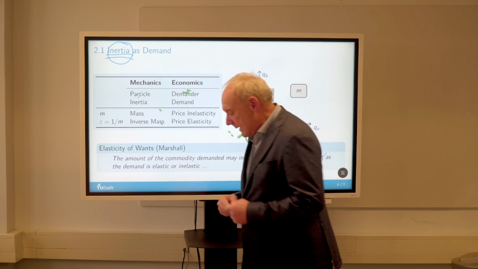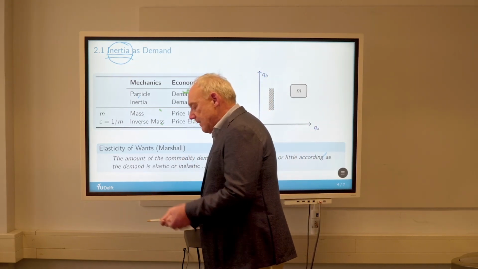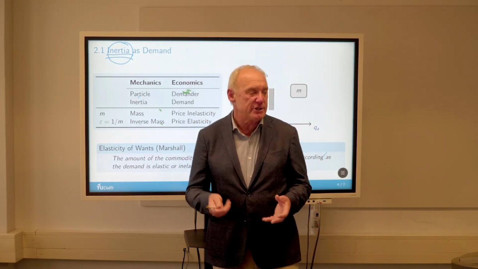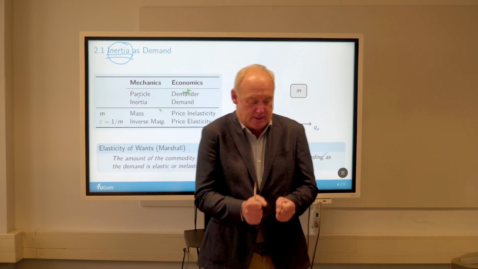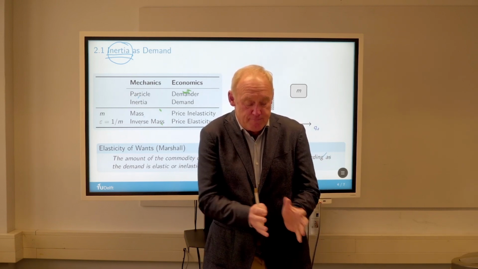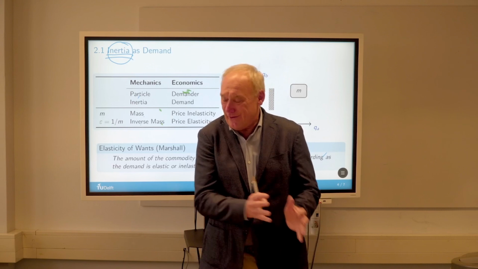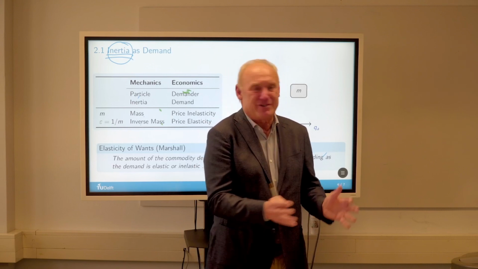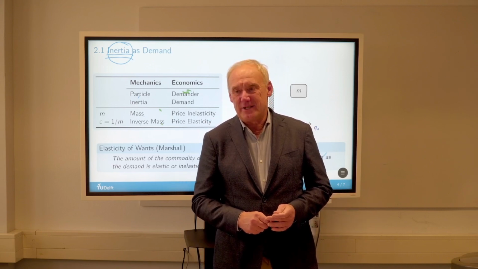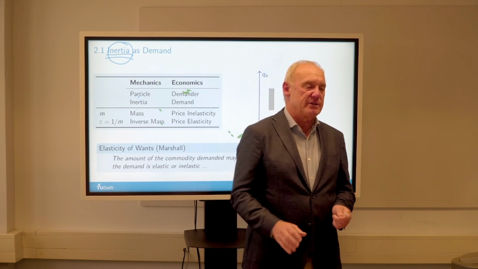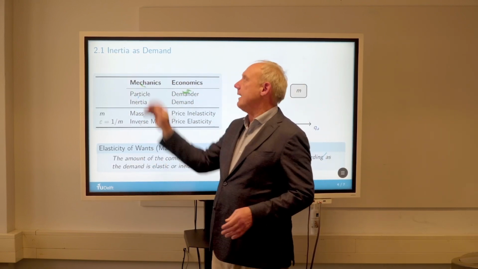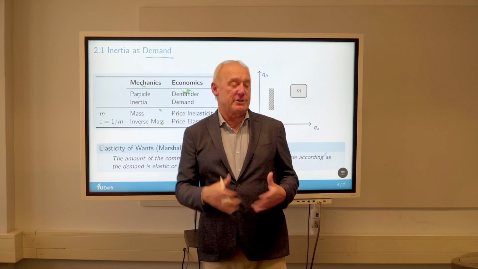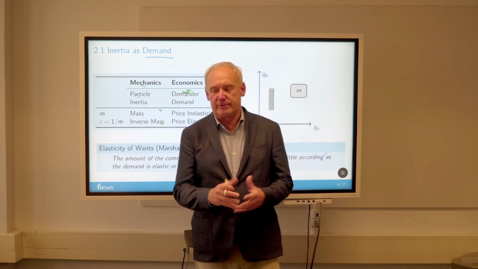So what demand does is function in the same way as inertia does in mechanics. It maintains this flow. It's just hard to change. So our first analogy is that the concept of inertia is analogous to the concept of demand.